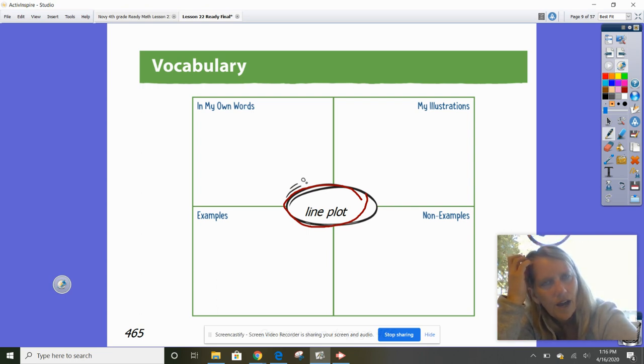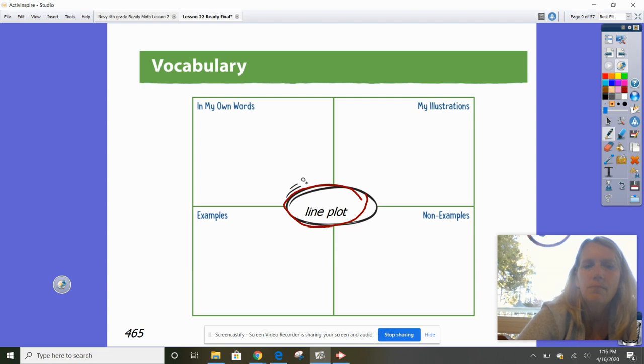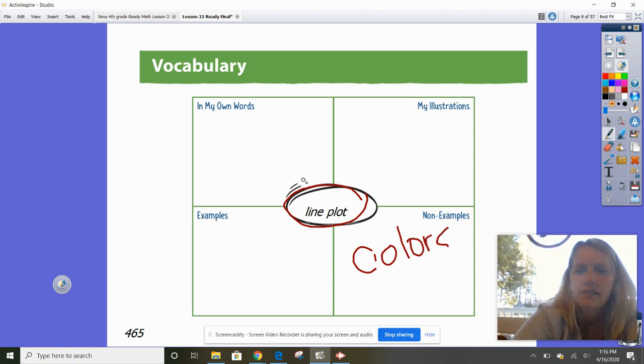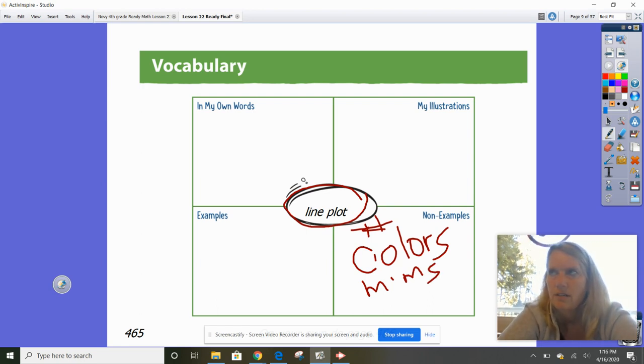Something that you would not be able to line plot might be like colors, number of colors of M&Ms or Skittles or something like that. I suppose you can line plot it, but you probably wouldn't. Or like, what's the favorite sports of the know-it-alls? You wouldn't really line plot that.